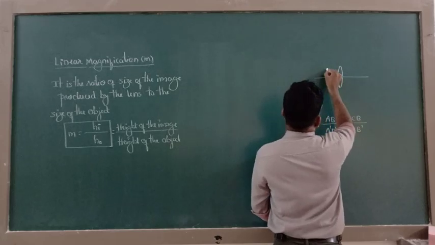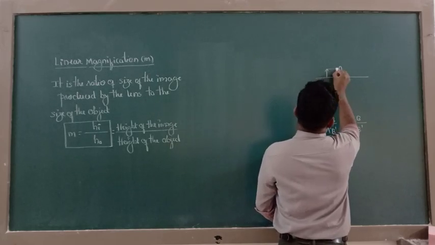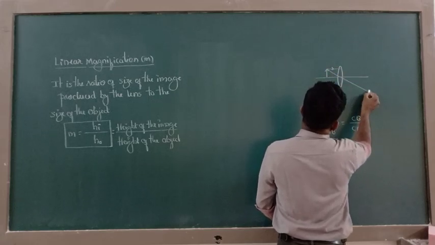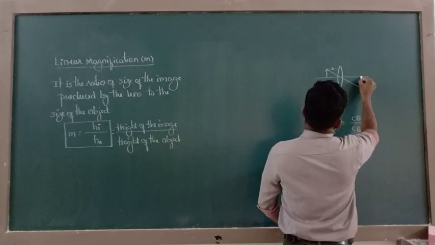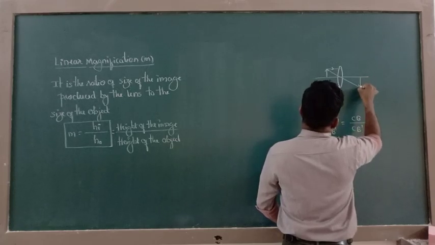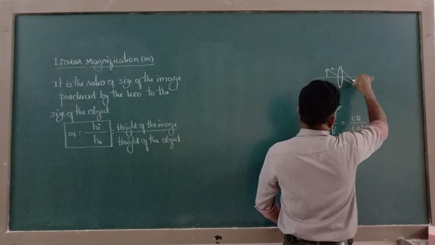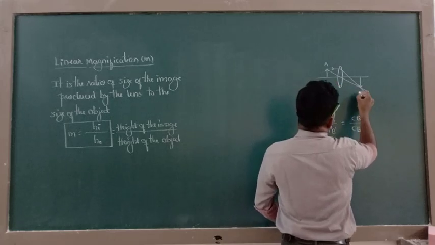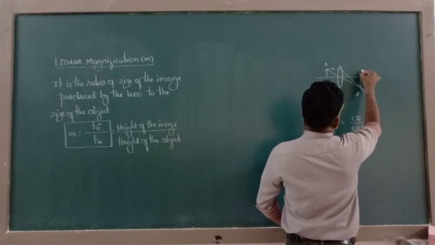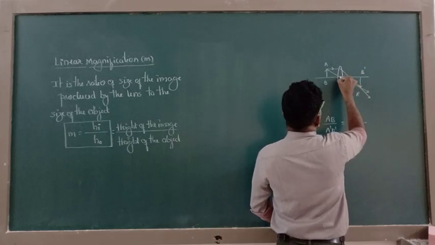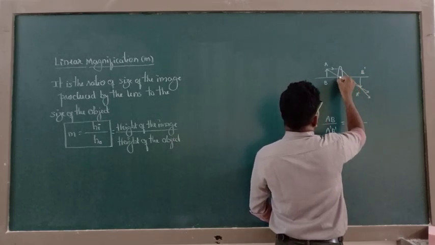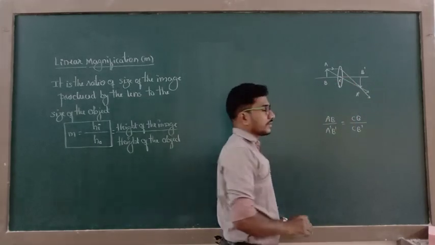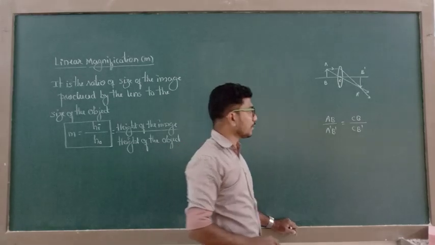In the figure: principal axis, object, incident light ray parallel to the principal axis, incident light ray made to pass through the optical center, image, AB, A dash B dash, optical center C. So that is in the case of the thin lens formula.